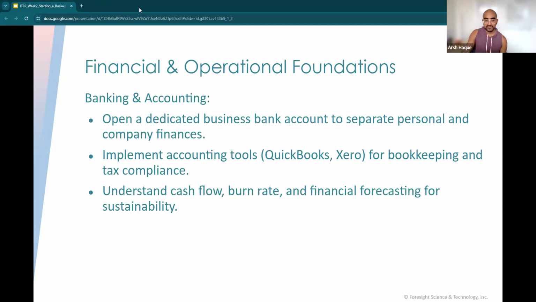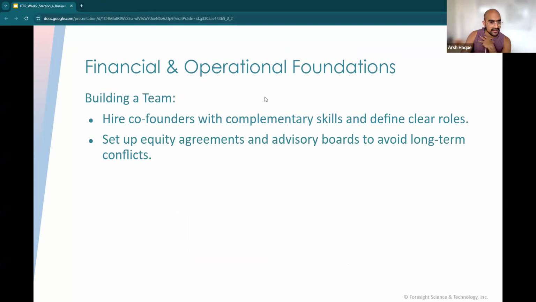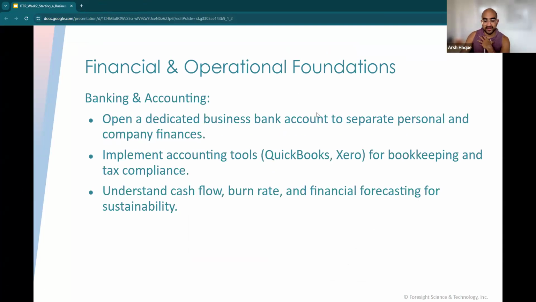But I'll pause there. Around the operations, we got our tax designation and legal part set up. Now, often the next thing people do is find their bank account and their accounting systems. Any other questions on that, the HR question? Any questions on the operational side of the house?